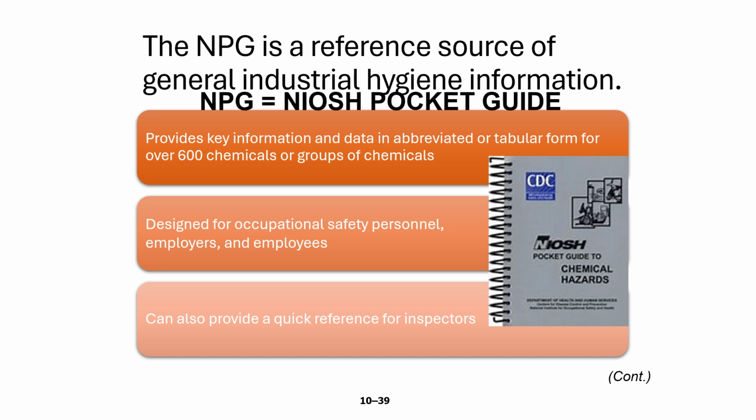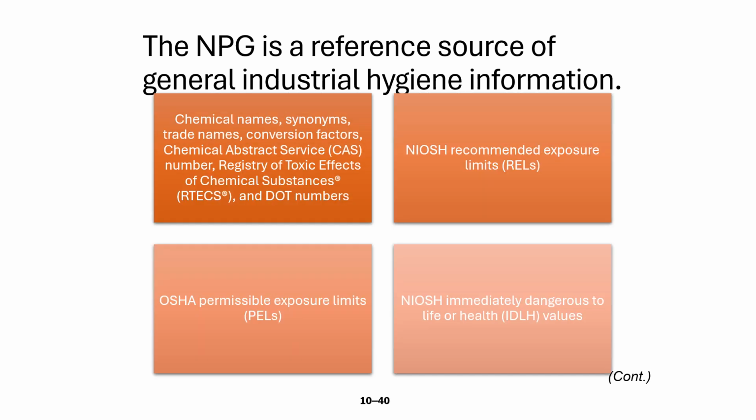You've got exposure limits, what they recommend through NIOSH, permissible exposure limits through OSHA, and NIOSH IDLH values. You can get physical descriptions of the agent, the chemical and physical properties, measurement methods, PPE and respiratory recommendations, and information on health hazards, including routes, symptoms, first aid, and target organ information.